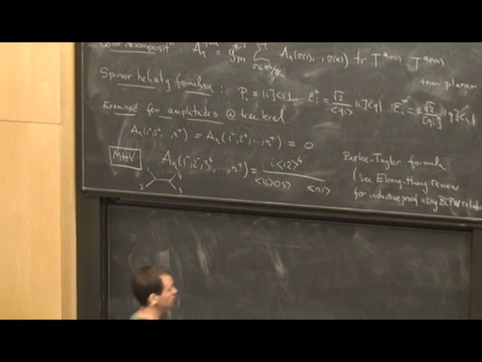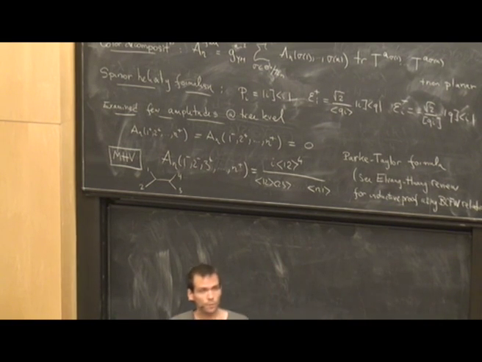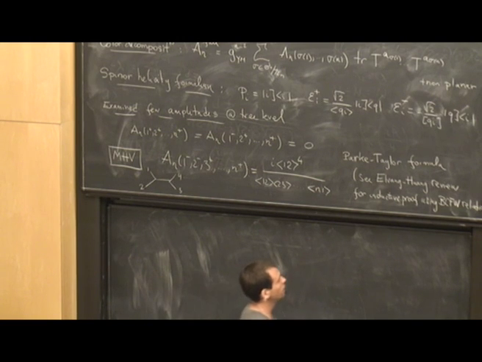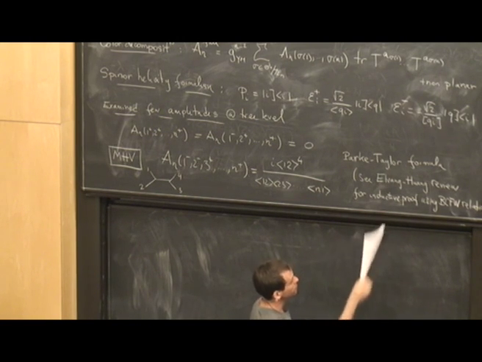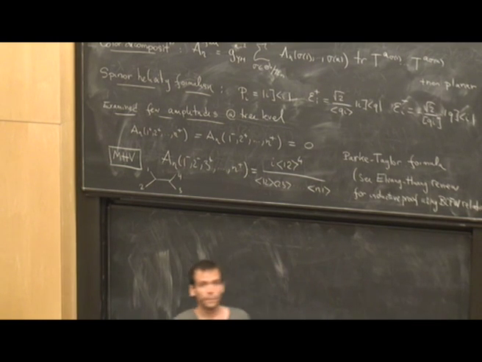But if you are interested in learning something about it, I refer you to this review by Elvang and Huang, where they give you an inductive proof and also an introduction to the so-called BCFW recursion relation, which is to date one of the most efficient ways of computing amplitudes at tree level.